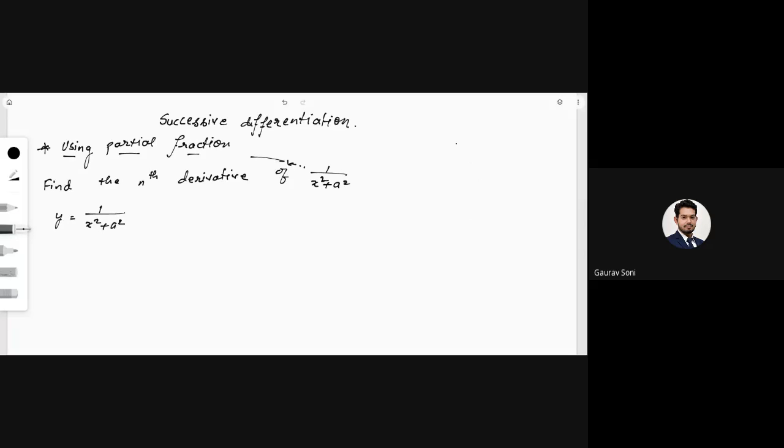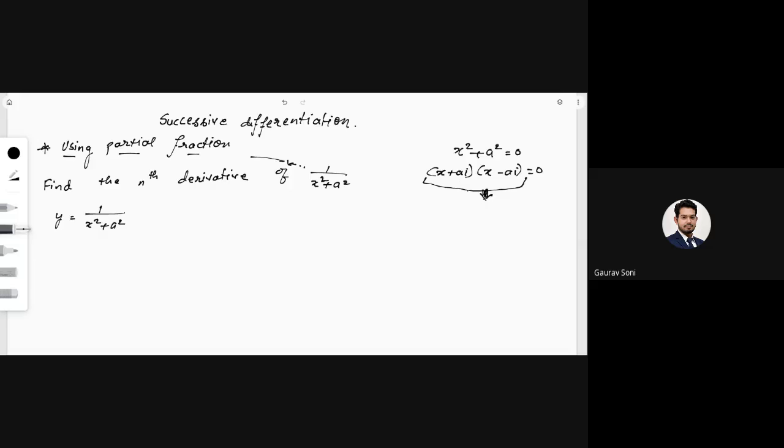Now I can factorize this x square plus a square as x plus ai into x minus ai. I hope that everyone is clear with this step. This is just 11th standard mathematics by which you are factorizing this x square plus a square.